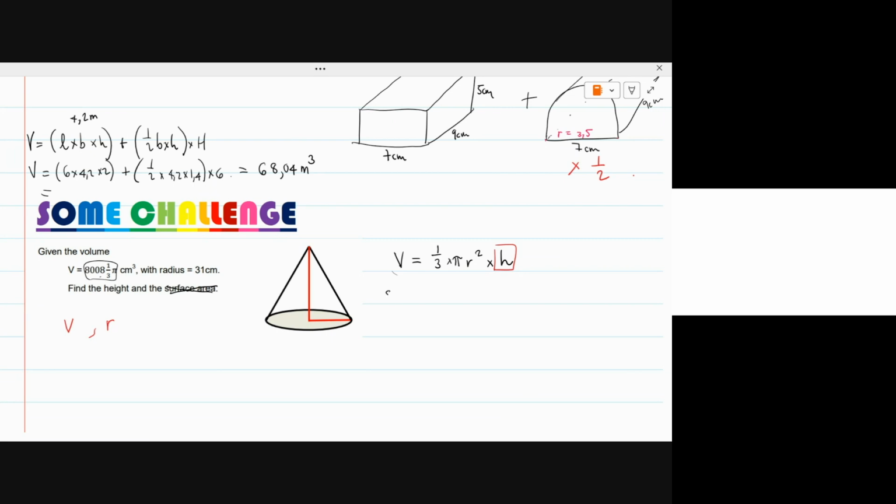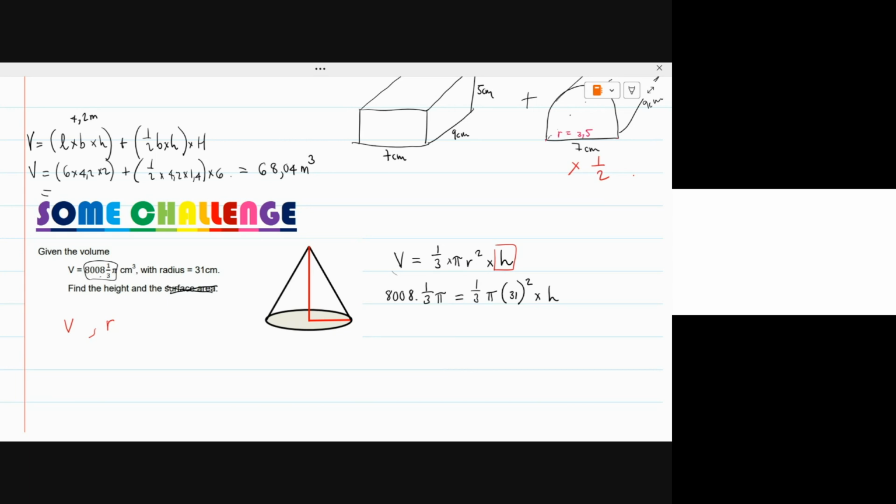So I can go 8,008 times 1/3 pi, and that is equal to 1/3 pi multiplied by, I'm told that my radius is 31, so 31 squared times the height. Do you guys see that all we're solving for here is the height? So now all we need to do is make the height the subject of the formula.